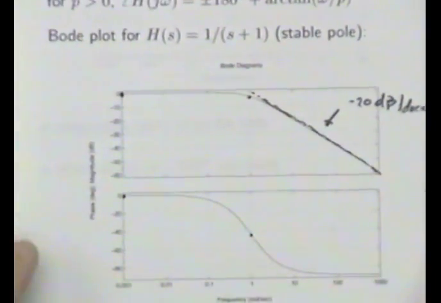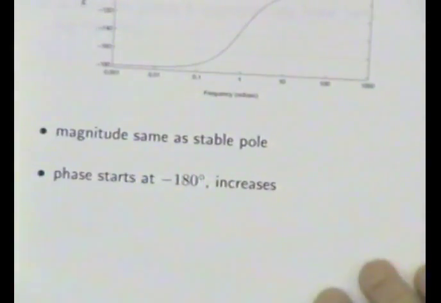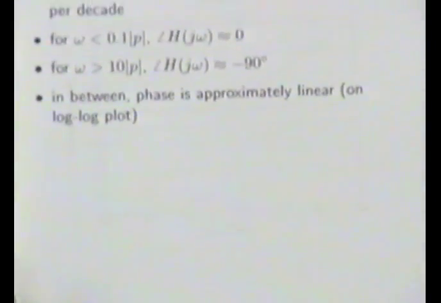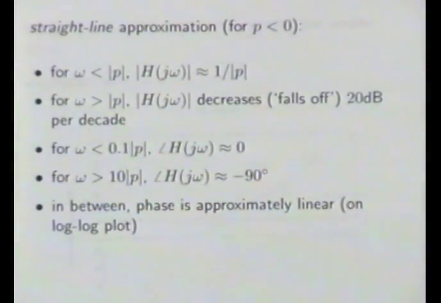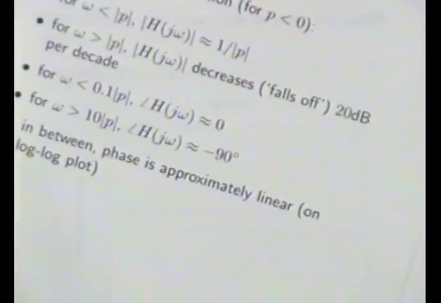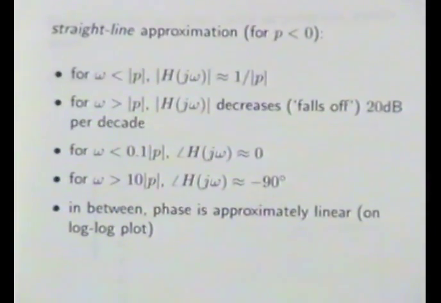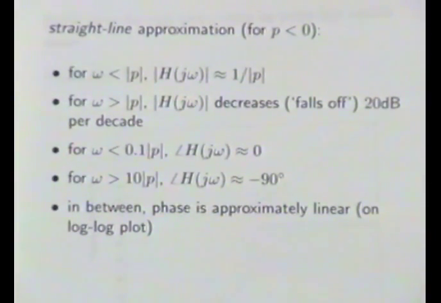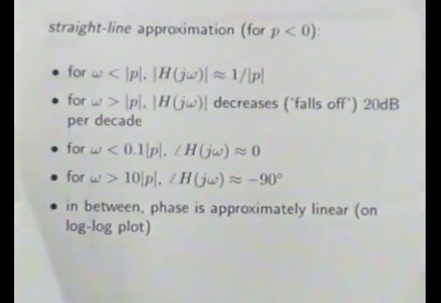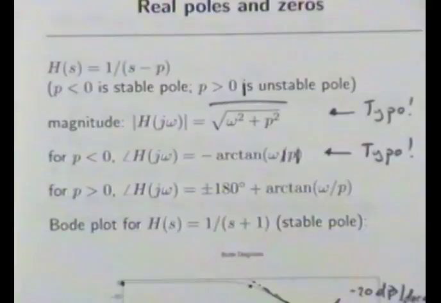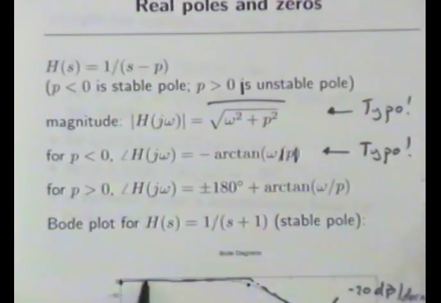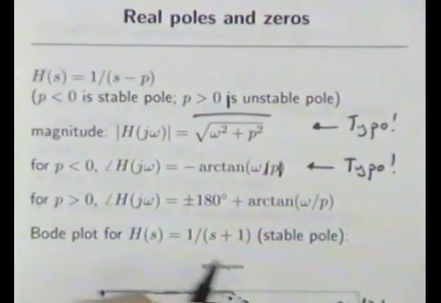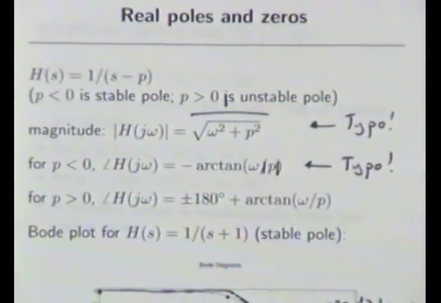And so the simple approximation that people use, given here on page 23, is that for the magnitude response we have a straight line at frequencies below the pole, and then we have a 20 dB per decade roll-off above the pole location, like this.